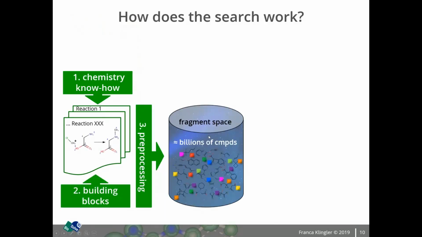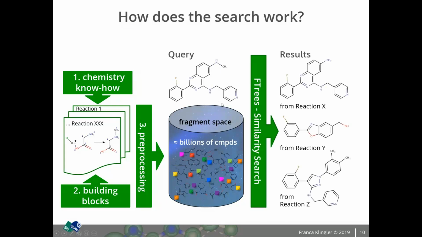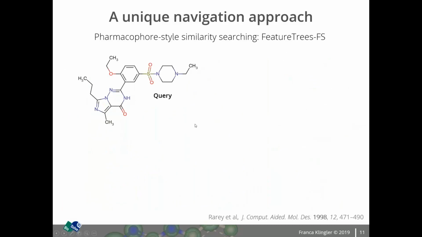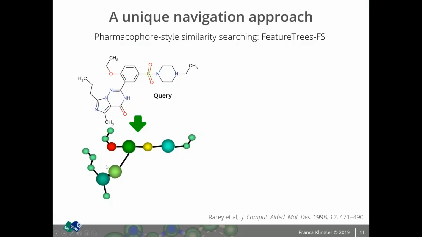And the question is, of course, how do I search in those fragments? How is this possible? You come, of course, with a query molecule which has a proper molecule size, and you want to have molecules back and not fragments. So we apply here an algorithm which searches similar molecules in a pharmacophoric style. It will take your query molecule here and translate it into such a tree of nodes.